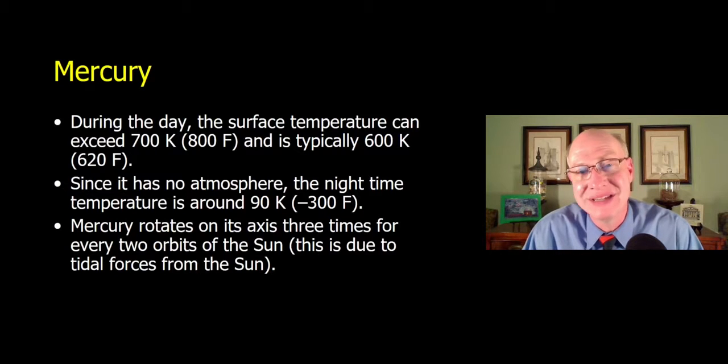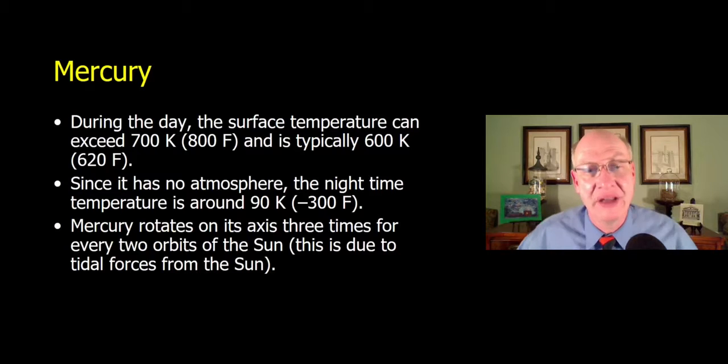So look at those numbers. In the daytime, at its hottest, the surface can be 800 Fahrenheit. And in the middle of the night, it can be minus 300 Fahrenheit, a total swing of 1,100 degrees in temperature. That means Mercury has the greatest change in temperature between day and night of any planet in the solar system. And that's again because there's no atmosphere.